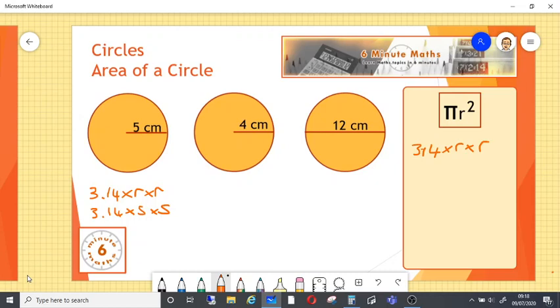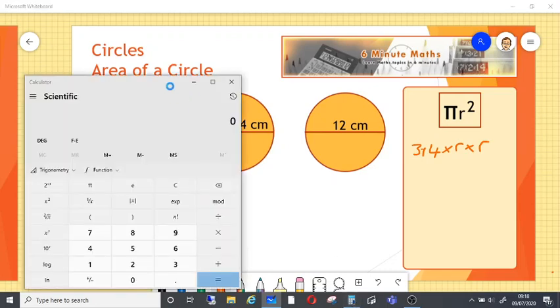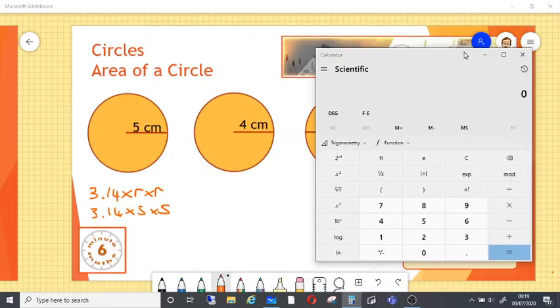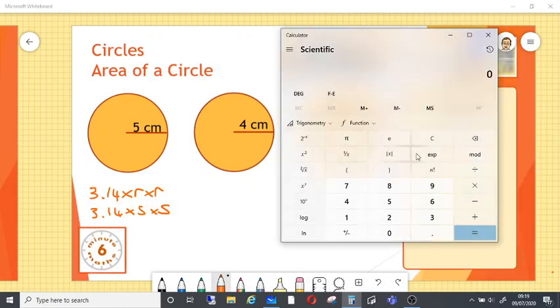And I'm going to quickly click on my calculator here. There it is. Right, okay, so 3.14 times by 5 times by 5 gives me an answer of 78.5.